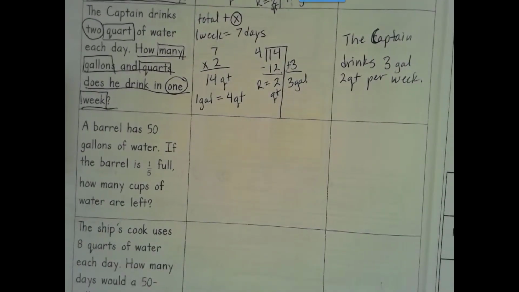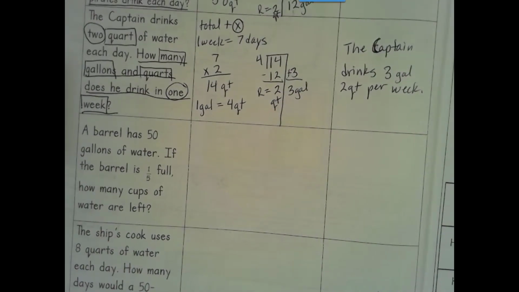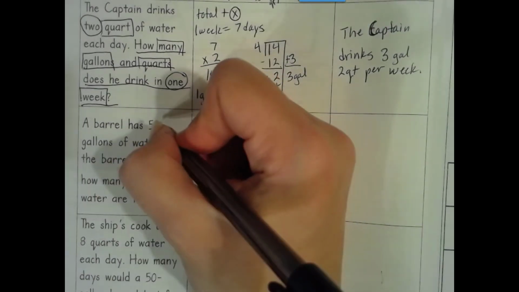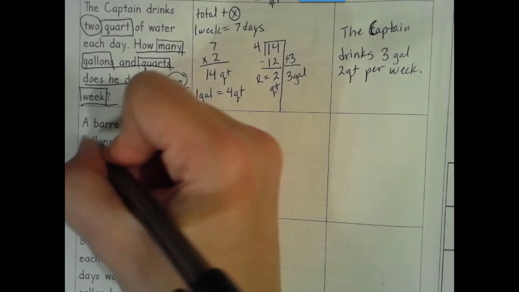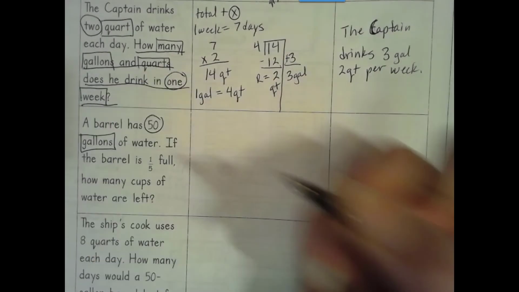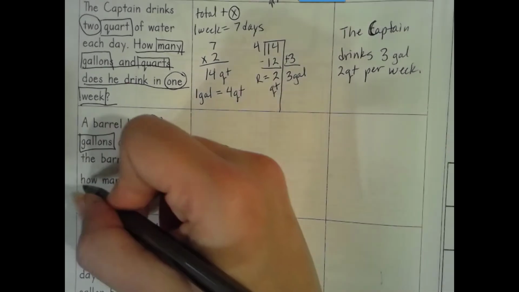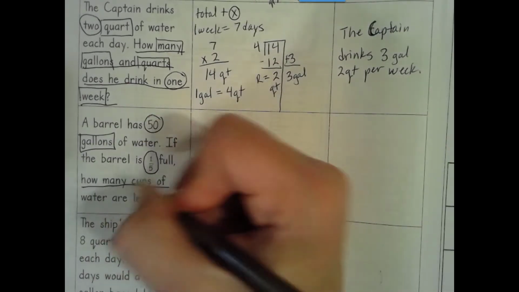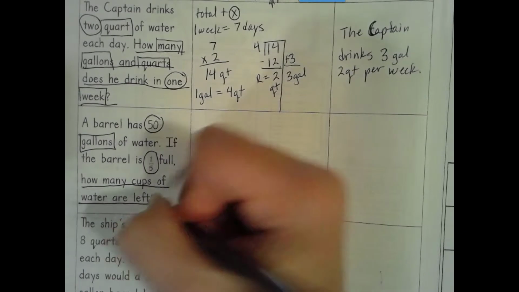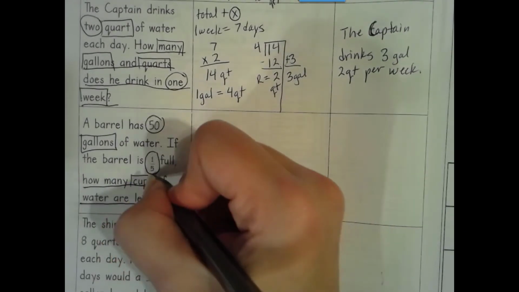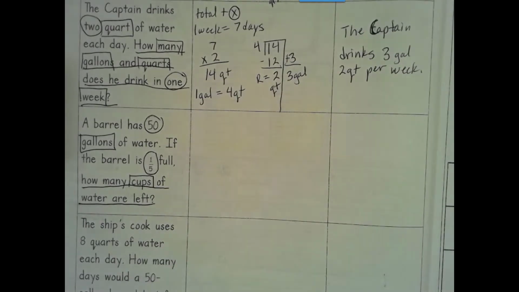Okay, next one. Now we have a barrel on this ship, and the barrel has 50 gallons of water. If the barrel is 1/5 full, how many cups of water are left? So we're looking in measurement of cups.